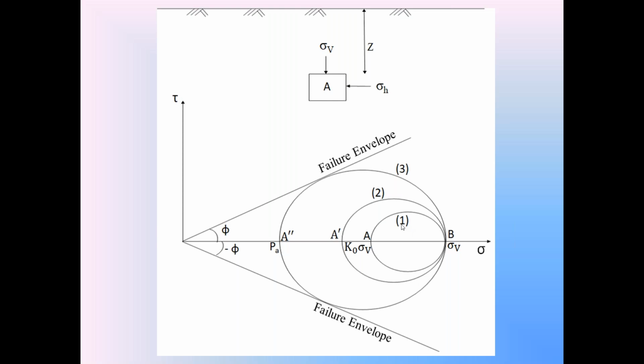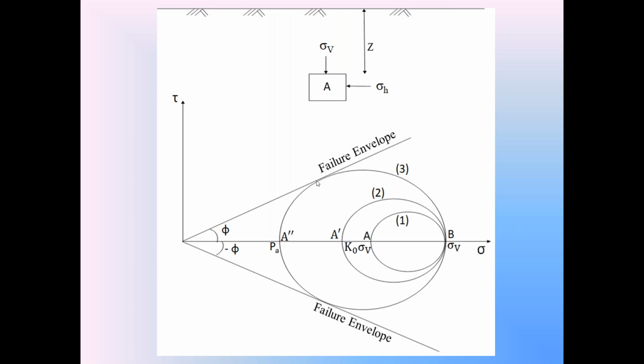So from the first Mohr stress circle, we got the second Mohr stress circle in the beginning of the active condition. Then when the retaining wall is moving away from the backfill, sigma h again decreases. So we got this third Mohr stress circle. This third Mohr stress circle touches the failure envelope.